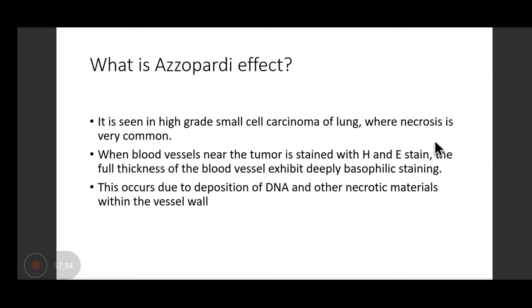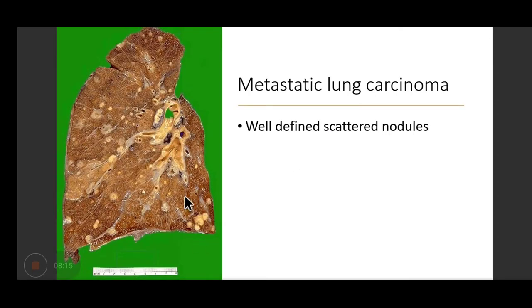Now next, earlier we saw the gross of bronchogenic carcinoma. Okay, the tumor was arising from the tissue of the lung itself. Whereas if you differentiate it from metastatic lung carcinomas, they will have multiple nodules, all right, well defined, scattered multiple nodules.